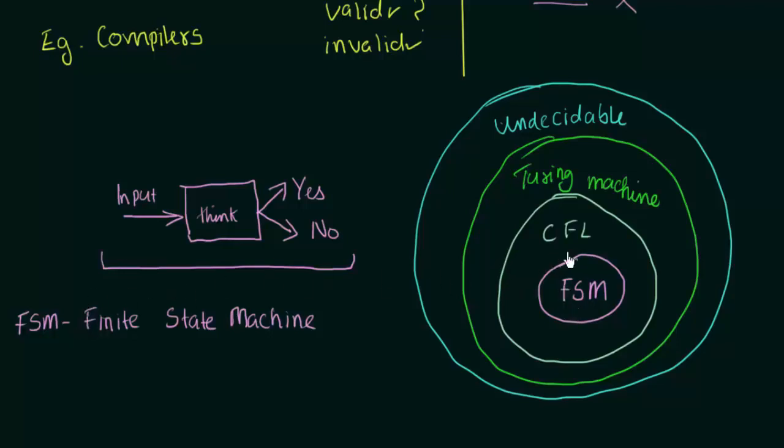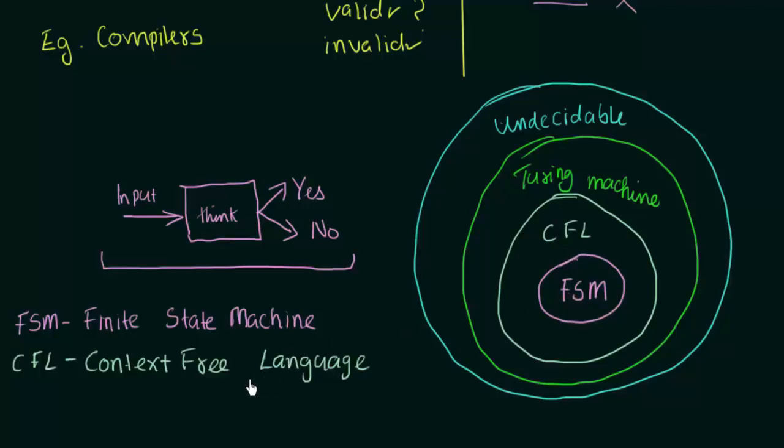The next layer is CFL. CFL stands for context free language, and it is a little more powerful than FSM, and it can perform some higher level computations as compared to finite state machines.